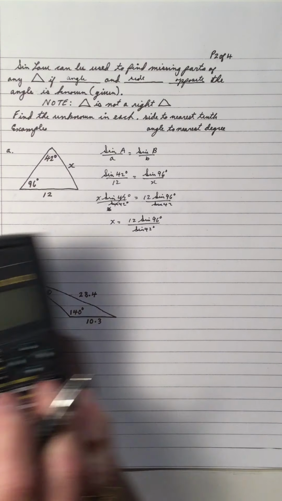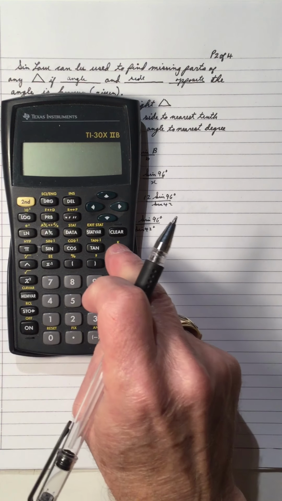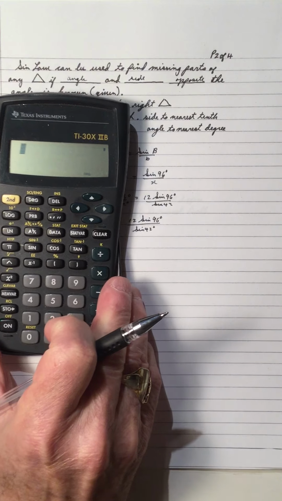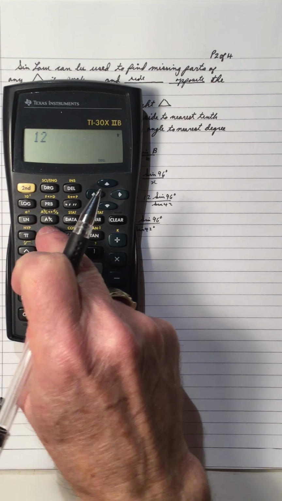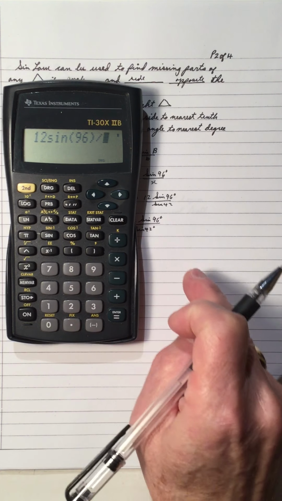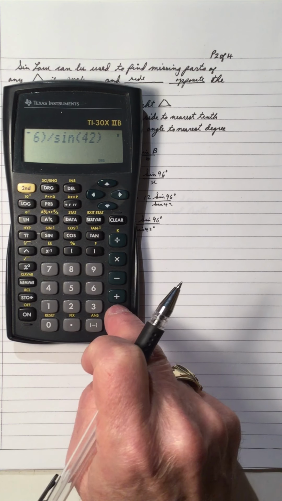x is equal to, they cancel out, 12 sine 96 over sine 42. And we pick up a calculator, turn it on first. We go 12 sine 96 divided by sine 42.